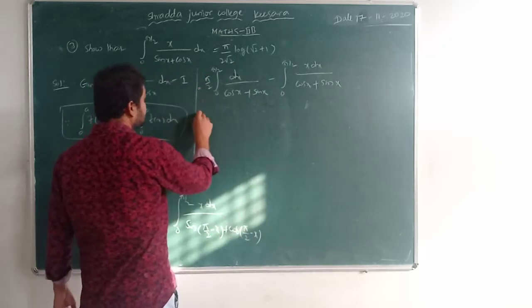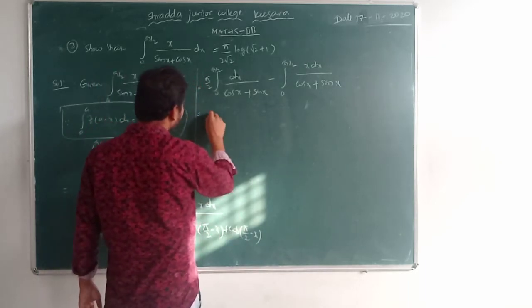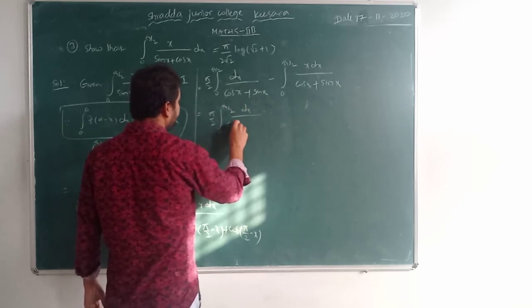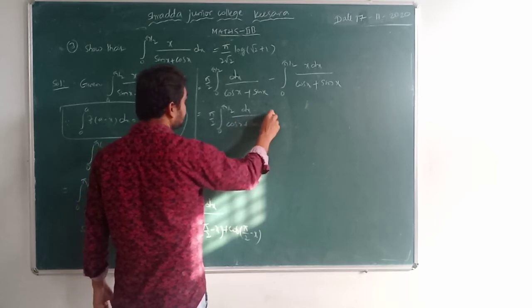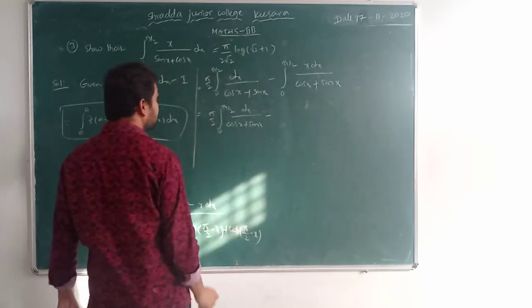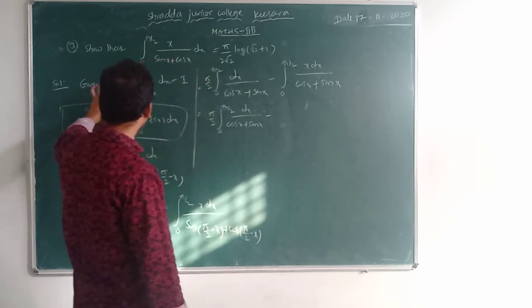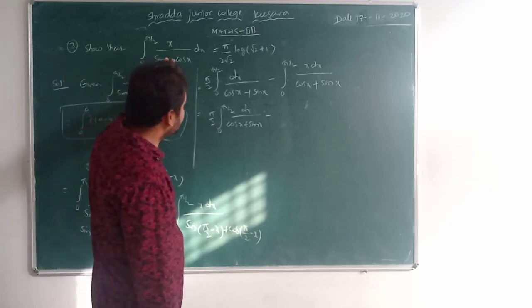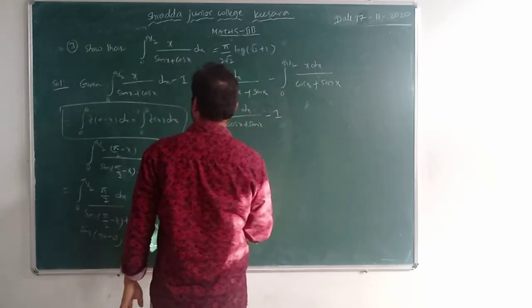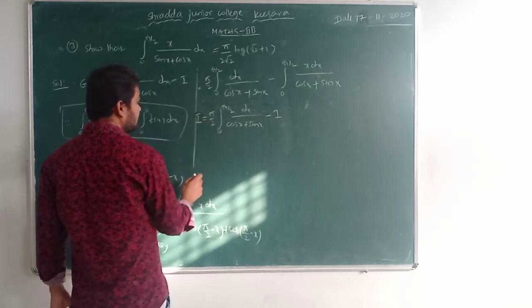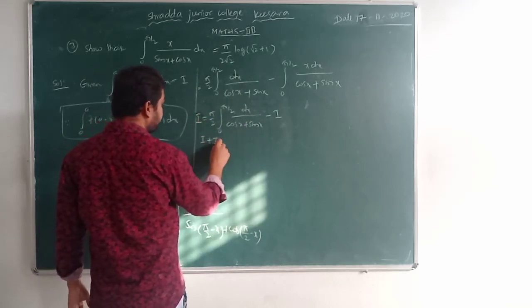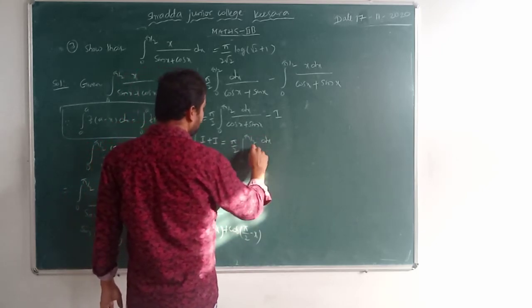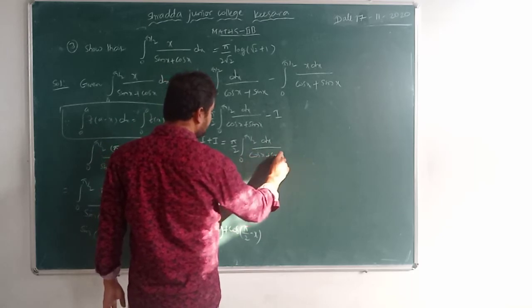So this is equal to, see now, pi by 2 integration 0 to pi by 2 of dx by (cos x plus sin x) minus this. What is this? Integration 0 to pi by 2 of x by (sin x plus cos x) dx equals what? That is I. So this is equal to I. Now taking I to this side, I plus I is nothing but 2I. So 2I equals pi by 2 integration 0 to pi by 2 of dx by (cos x plus sin x).